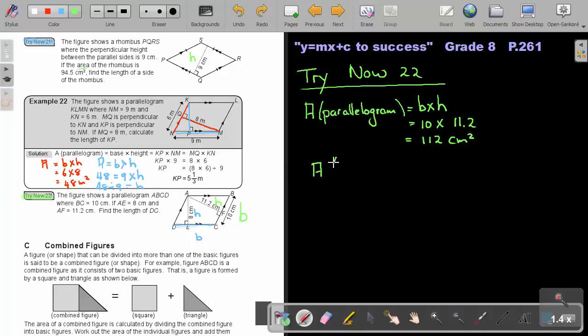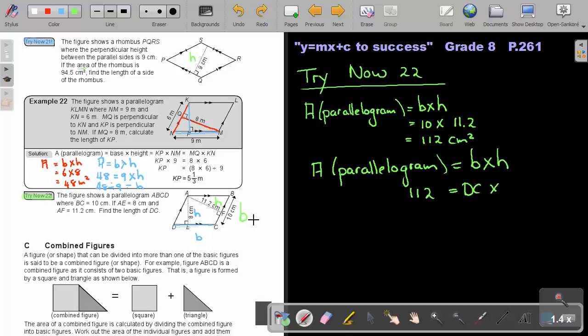So we're going to use that formula again. Now again we're going to say base times height. But you have the area, so you can fill it in. You're just going to say 112. Now you're looking for the base, and you can say DC.